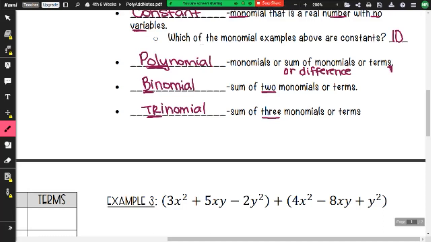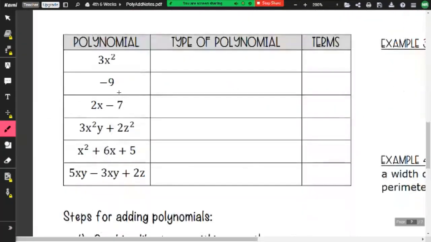Okay, turn the page when you're ready, or flip it. You haven't folded it. So in this chart, they want us to write the specific name based on the amount of terms the example has. 3x squared, how many terms does that have?